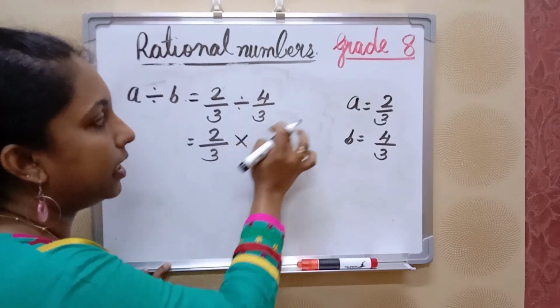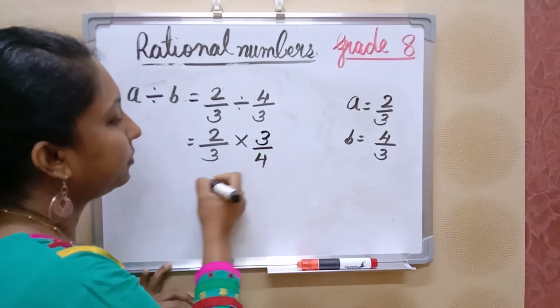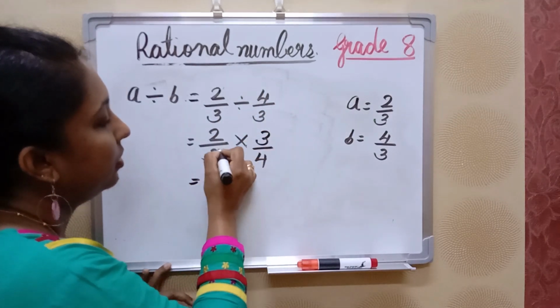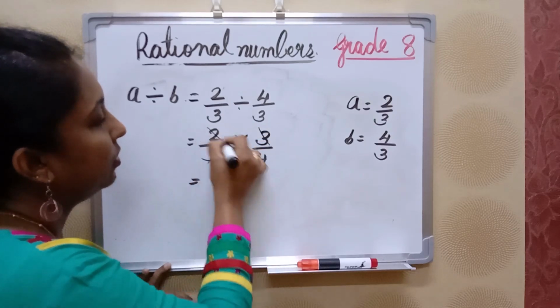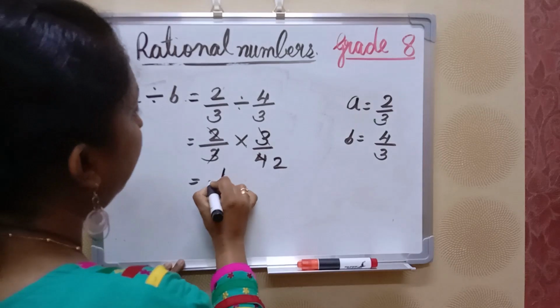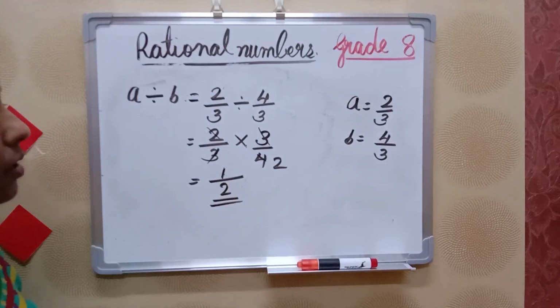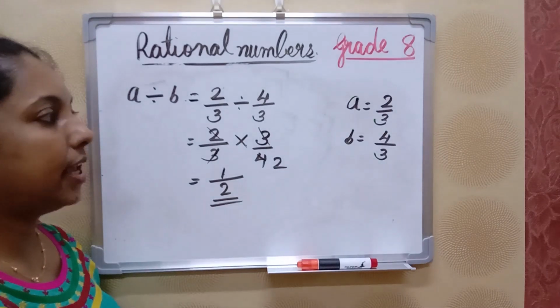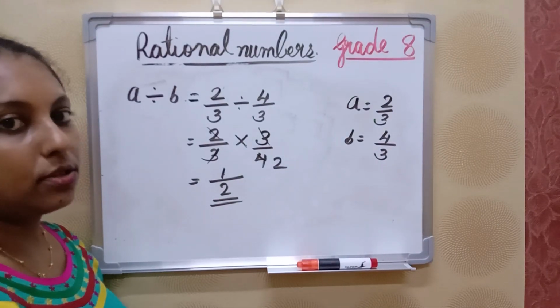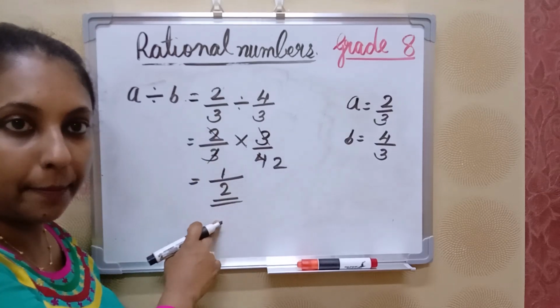The second rational number is 4 by 3. So 3 by 4. 3 we can cancel, 2 also cancels. So 1 by 2. That is, a is a rational number, b is also a rational number, and a divided by b is also a rational number.